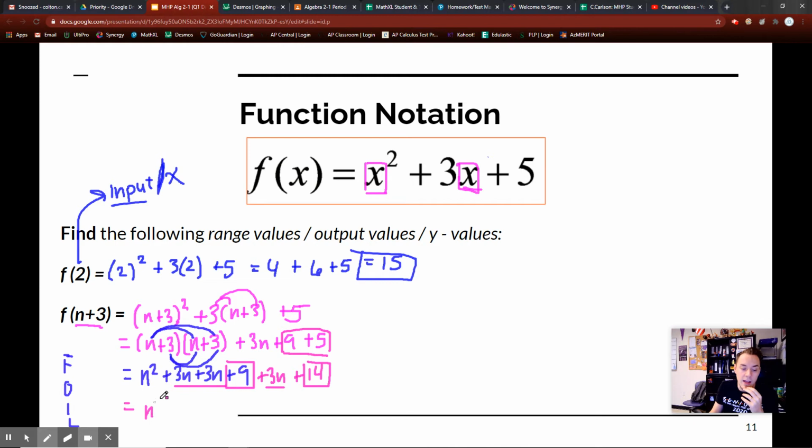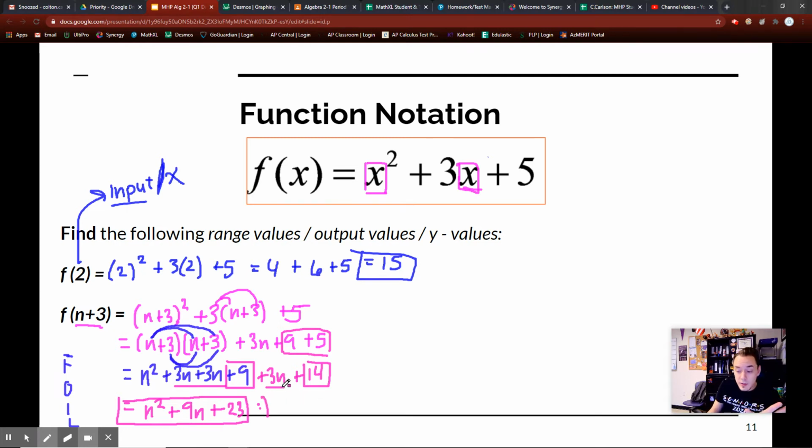So I have n squared plus 3 plus 3 gives me 6n plus 9 plus 5 is 14. Boom. That is my final answer.